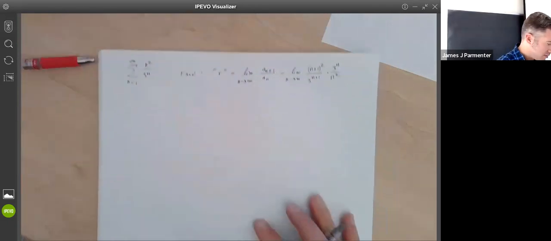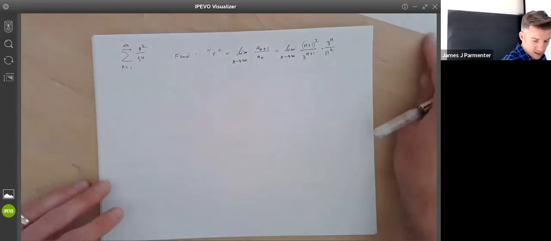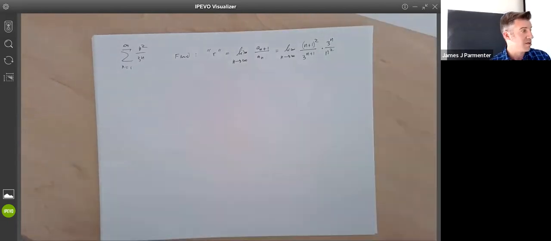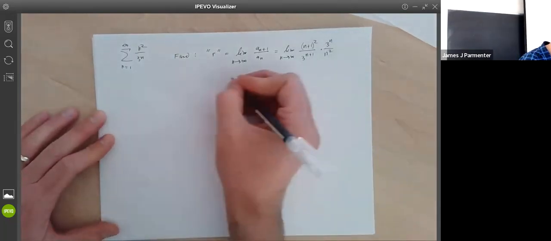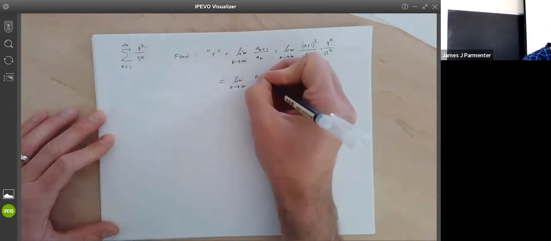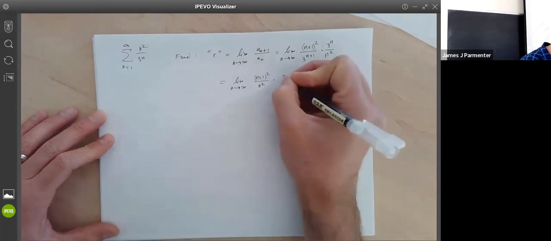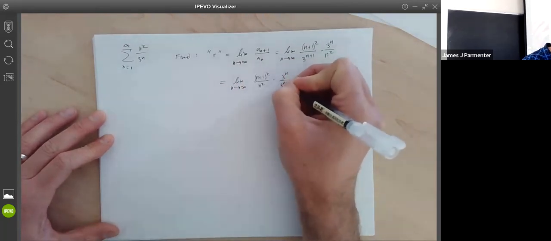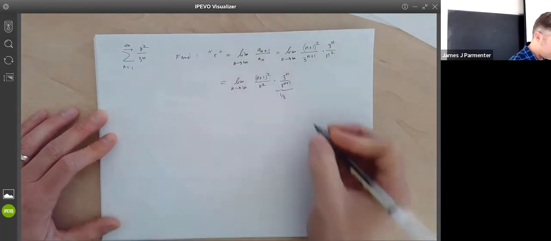In the same sort of way, when you're doing a ratio test, you typically want to combine the similar things together, meaning instead of writing this fraction times this fraction, I'm going to rewrite this as n+1 squared over n squared times 3 to the n over 3 to the n+1. This simplifies to just 1/3.